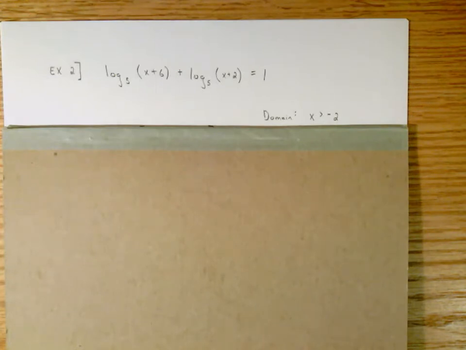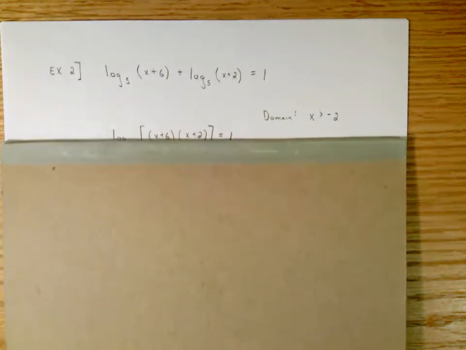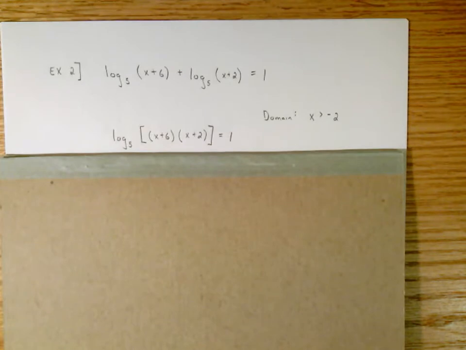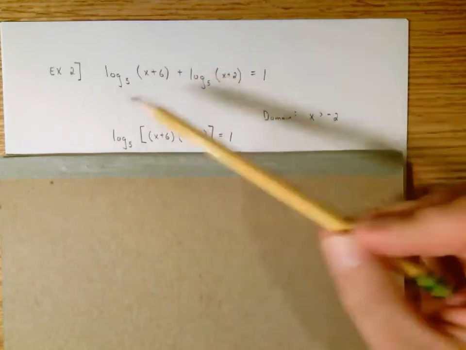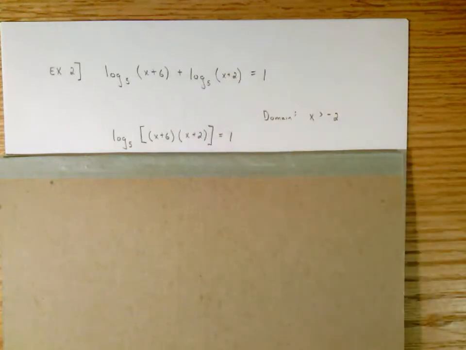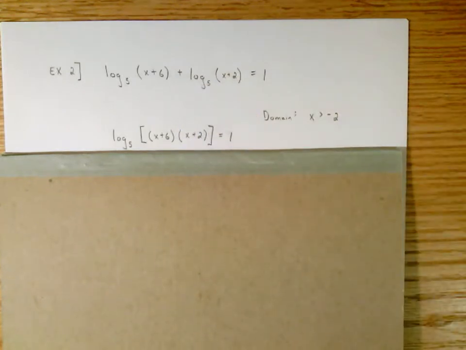Now I'm going to go about solving this using my properties of logarithms. First thing I'm going to do is remember that the logarithm of a product is equal to the sum of 2 logarithms with the same base. So now I'm going to rewrite this as a single logarithm, base 5, of the product where I multiply my quantity x plus 6 by my quantity x plus 2, and that's equal to 1.